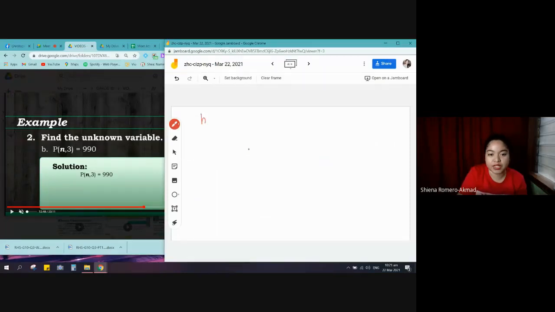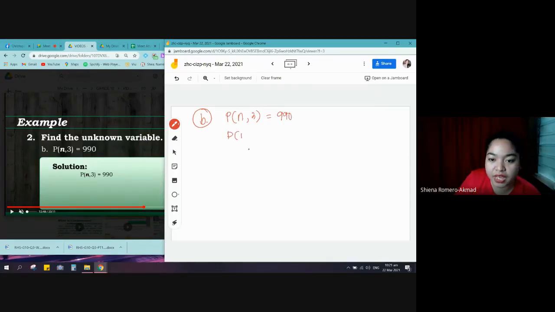So we have letter B. We have permutation of n taken 3 at a time equals 990. So what is permutation of n taken 3 at a time? That is n factorial divided by n minus 3 factorial.